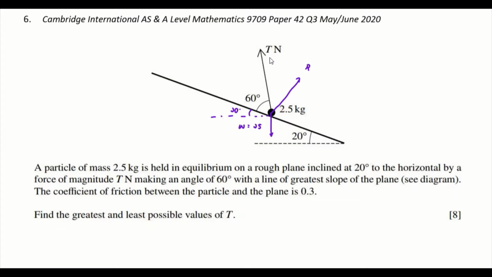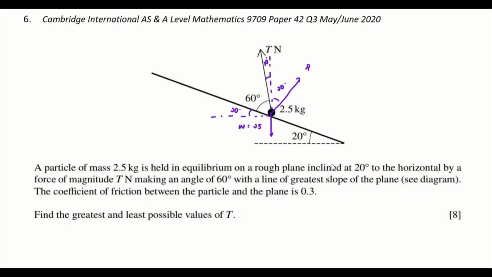So the vertical line should look like this, which gives you a 10 degree angle. Since R is perpendicular to the plane, this is 60, this is 10, and this is going to be 20 as well.